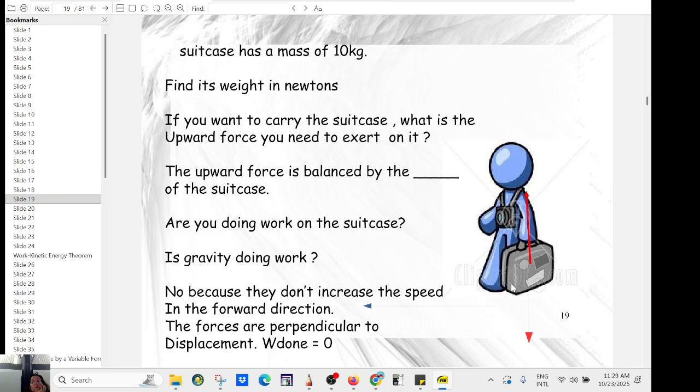So if you walk here with a suitcase in your hand, but you are moving at a constant speed, my displacement is this way. Am I doing work on the bag? No, because I don't make it go faster. If I start to run, the bag stays behind and it's going to catch up.